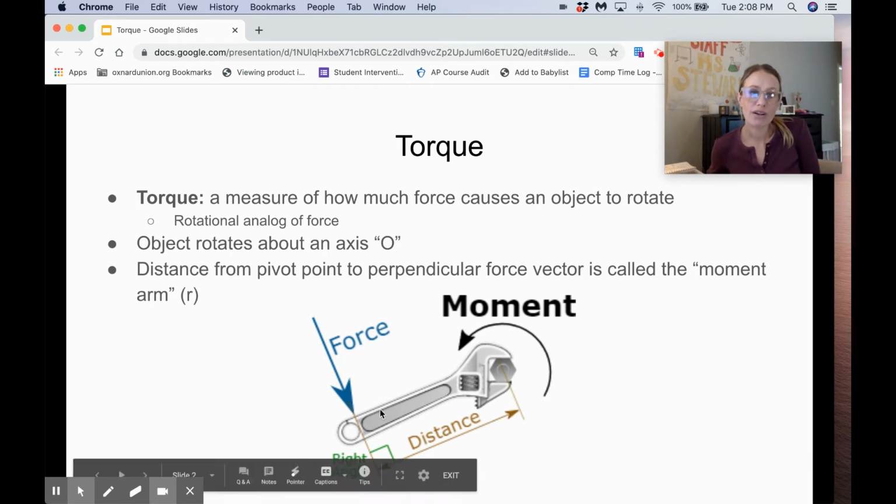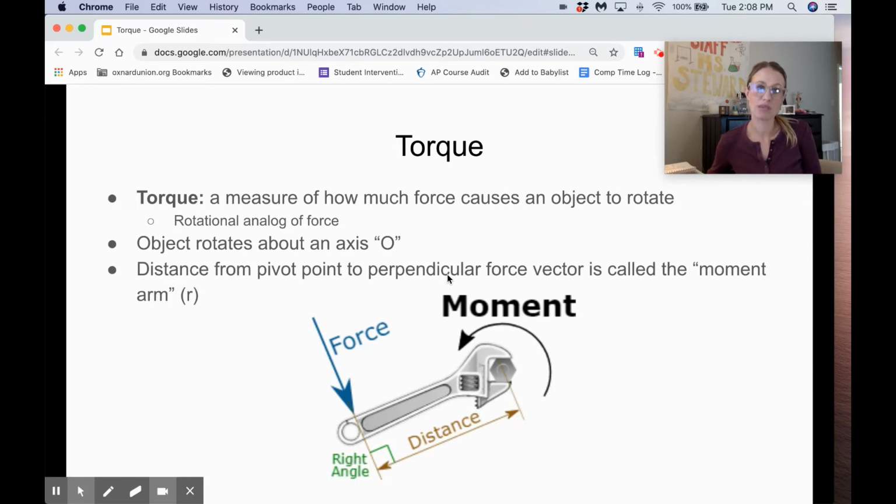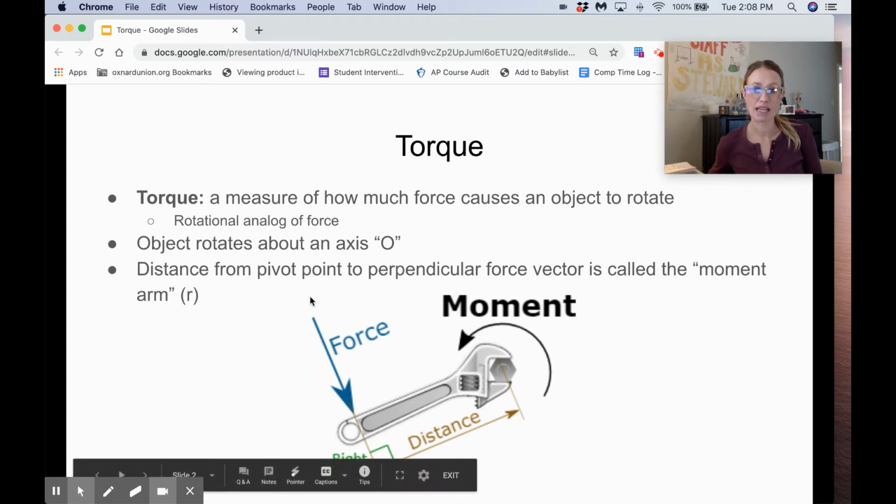Now, it is a specific definition that this has to be from the pivot point to a perpendicular force vector, meaning the force is coming in here perpendicularly, is that a word? And then here is our axis of rotation, and that moment arm, this r right here, is perpendicular to that force.